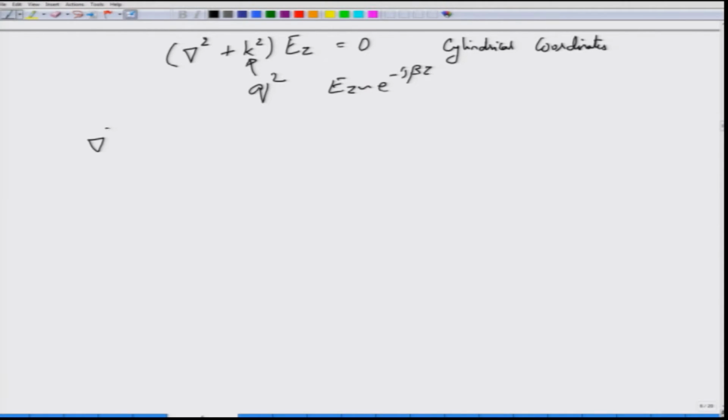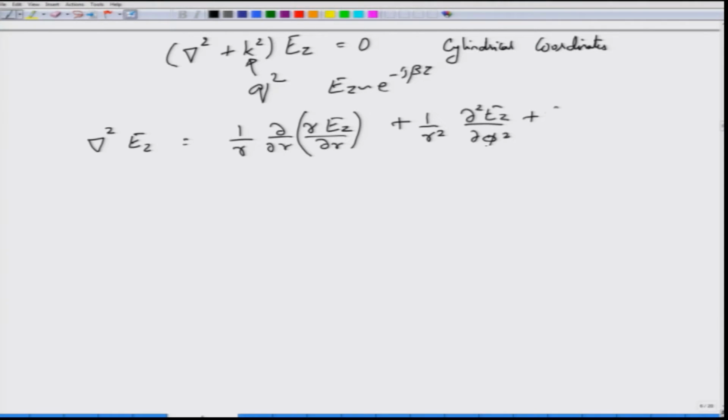So let me write down what del square applied to Ez is in the cylindrical coordinate system. It is another complicated expression: 1 by r del by del r of r del Ez by del r, plus 1 by r square del square Ez by del phi square, plus del square Ez by del z square.